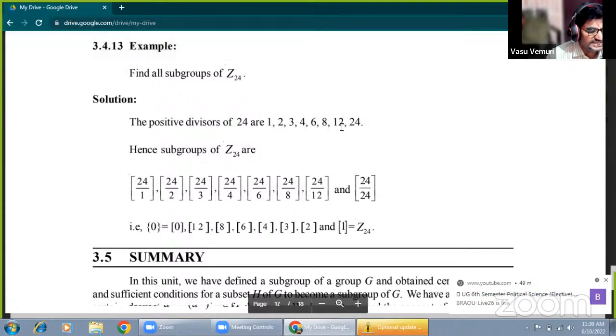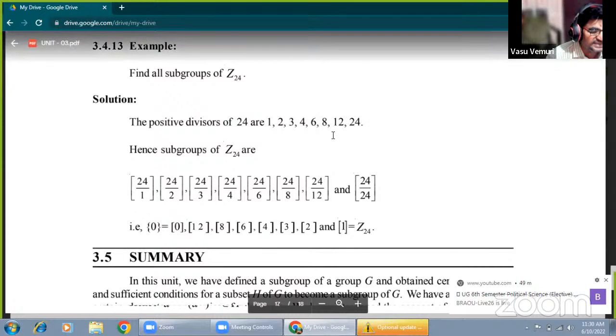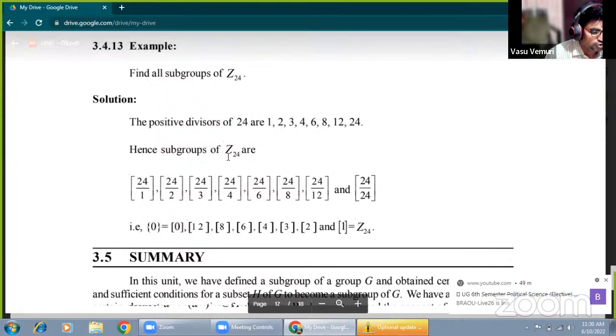There are 8 divisors of 24 here: 1, 2, 3, 4, 6, 8, 12, 24.